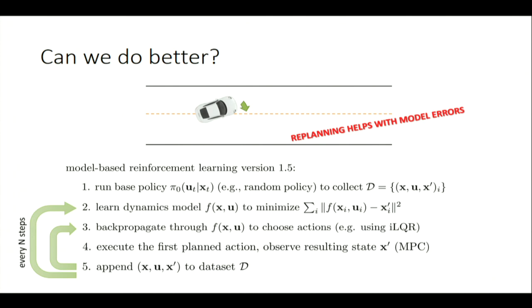Is that backpropagation step expensive? Well, this is, for example, iterative LQR or Monte Carlo tree search. So the answer is, yeah, it's expensive. It depends a lot on your system, but oftentimes you can do it within a real-time loop. Oftentimes the sacrifice that you make is that you might use a shorter horizon.